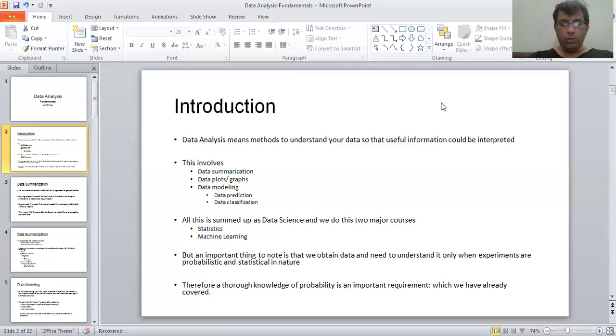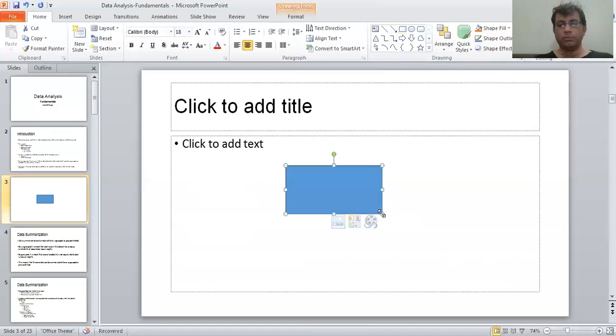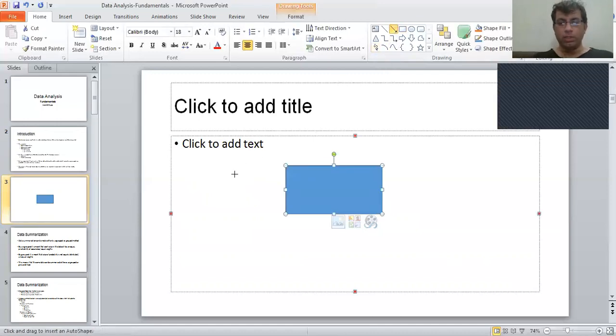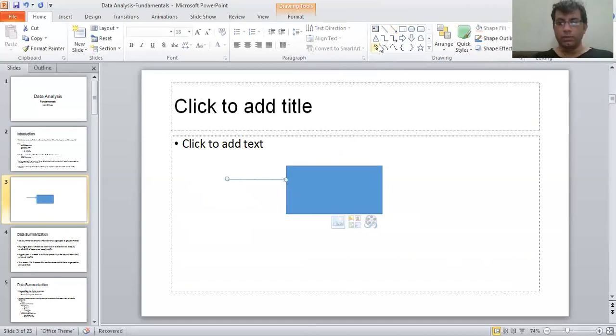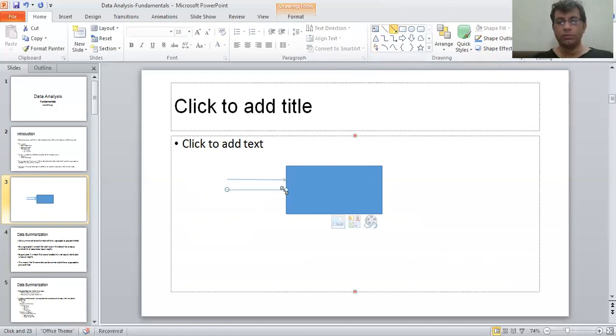So, in order to make this understandable, let me take help of a block diagram. Now suppose this is some system. And to this system we apply some input or a set of inputs. There could be one input, there could be two inputs, or there could be different inputs.